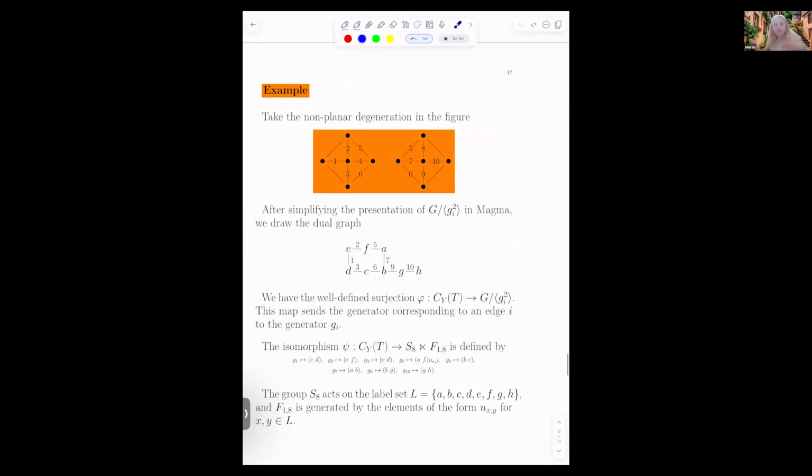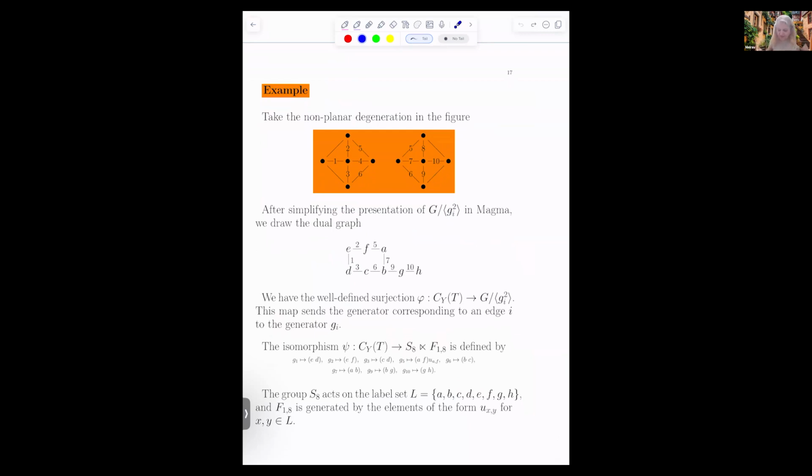And so this is more or less what we do. So an example before I turn over very quickly to algebraic curves is that if we take, for example, these two pieces in the orange color and we glue them together along 5 and 6, then we will get something which is non-planar, okay?